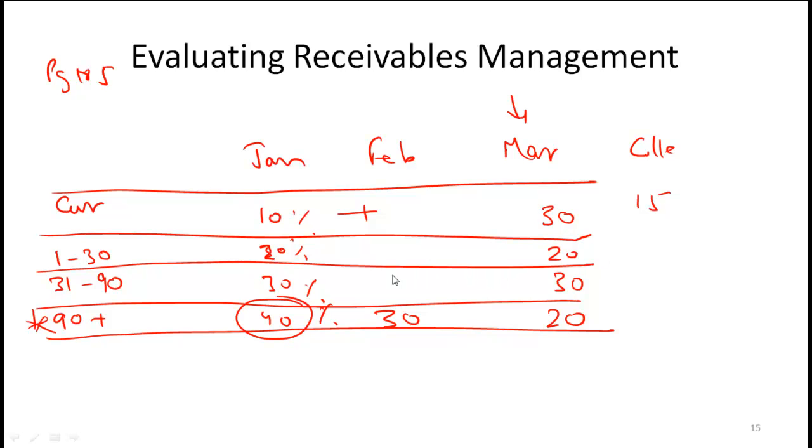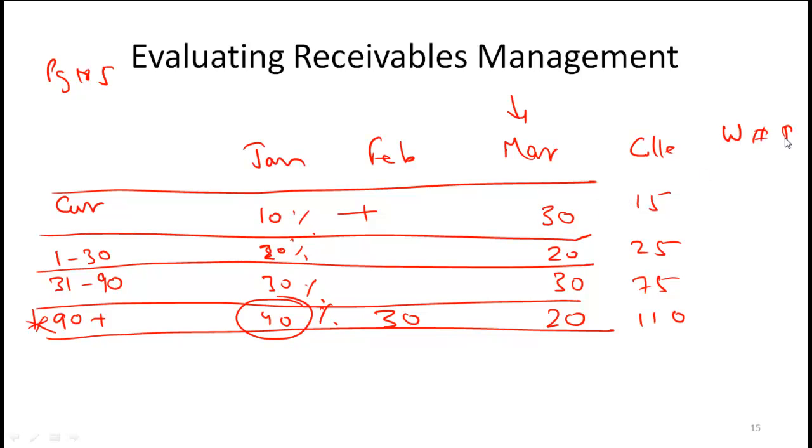The number of collection days on average for the 1 to 30 overdue category, let's say, is 25. For the 31 to 90, let's say that the number is 75, and for 90 plus, let's say that the number is 110. So we then come up with the weighted number of days.